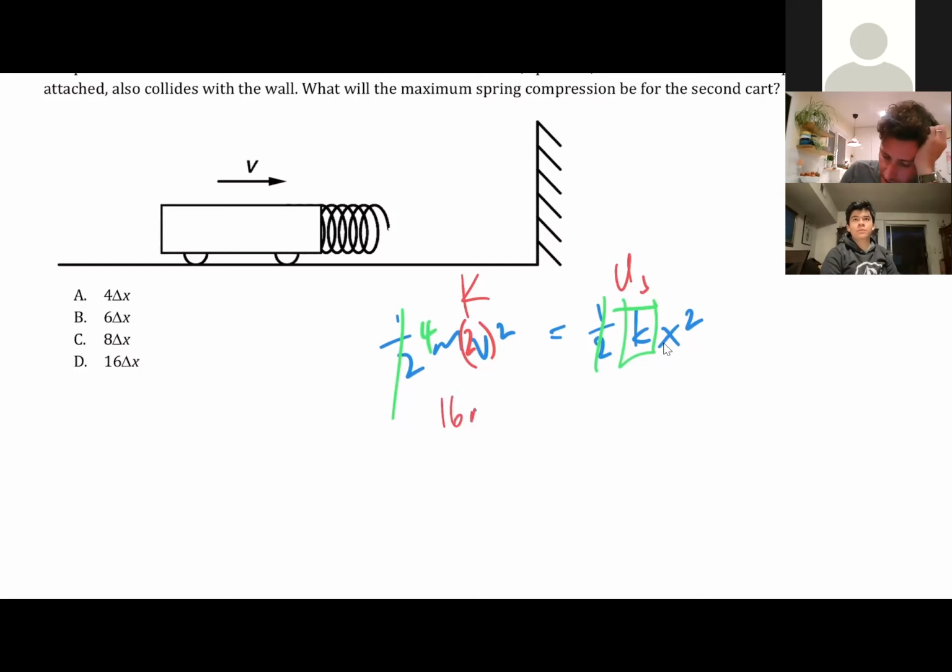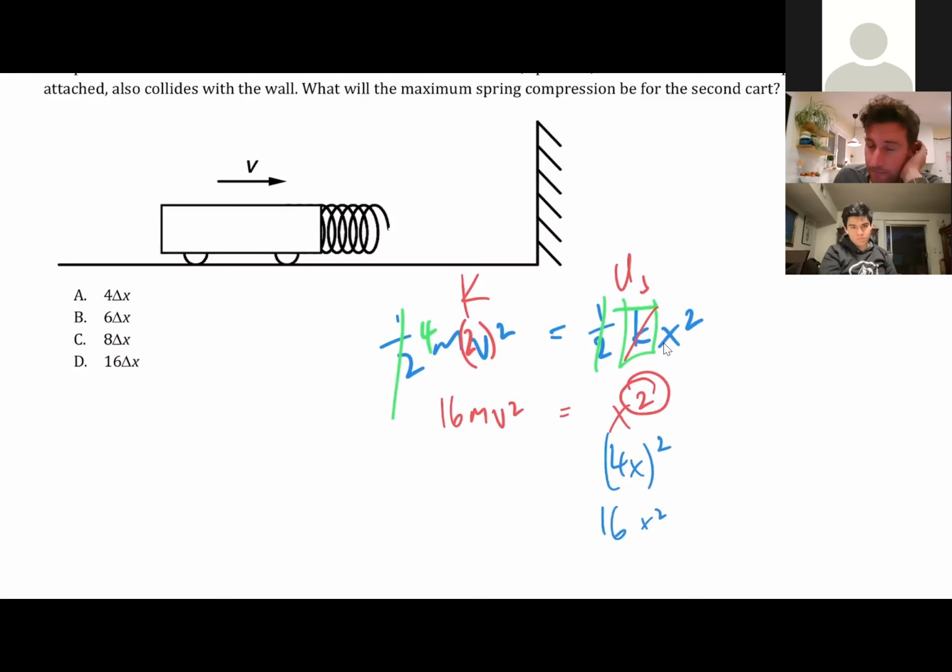So that gives you 16 mv squared equals, k is a constant so that one's irrelevant, x squared. But x is squared, so it would be 4x squared to give me 16x squared. So 4 times the distance would give me a matching 16 times the kinetic energy.